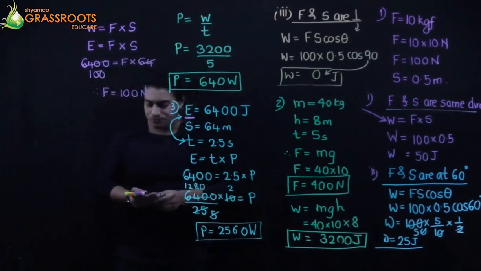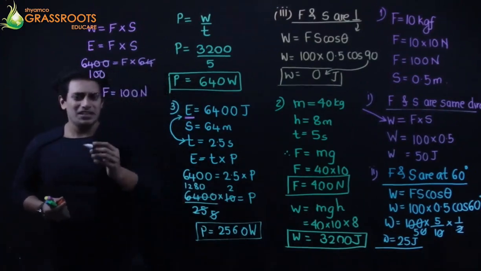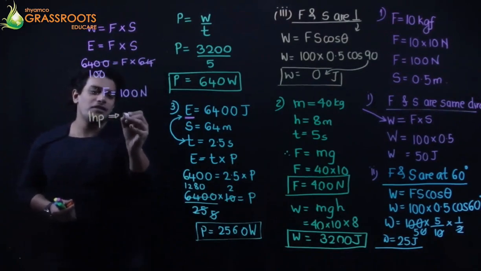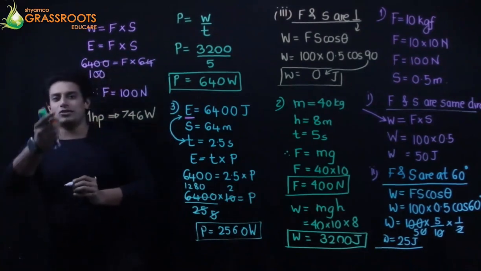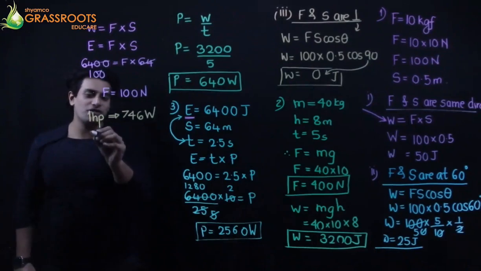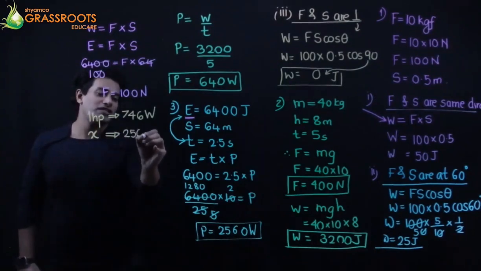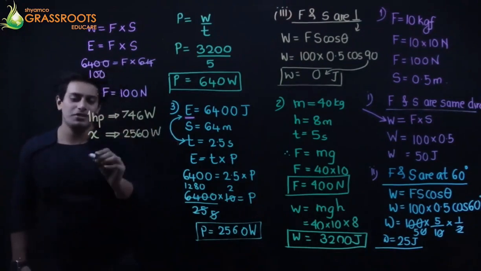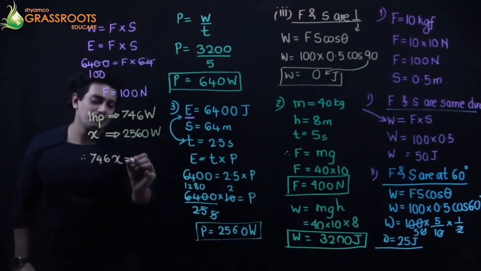Okay. Now, power is asked in horsepower. Can I say 1 horsepower is 746 watt? That was the conversion. I had given you conversion out here. 1 HP is 746 watts. How many horsepower will be 2560 watt? Unitary method. Cross multiply. So 746x.